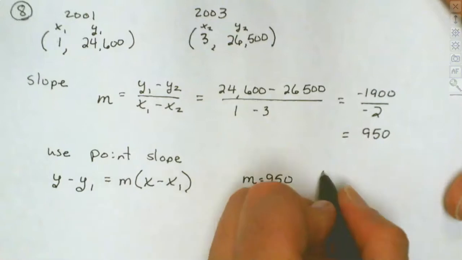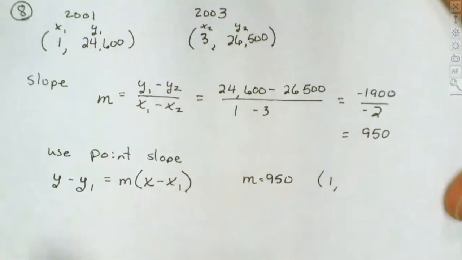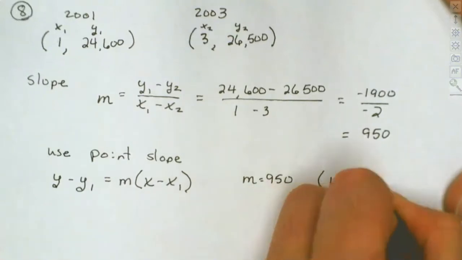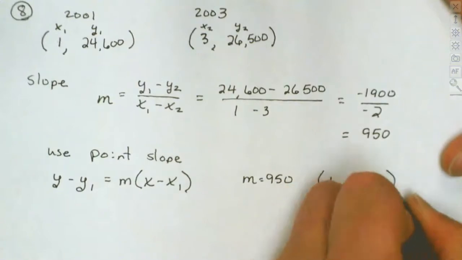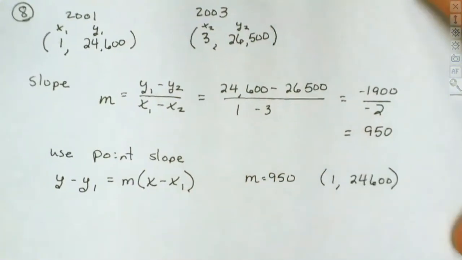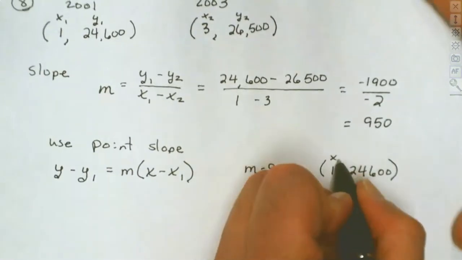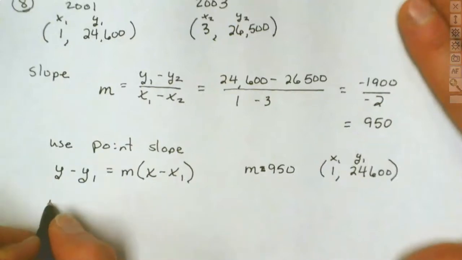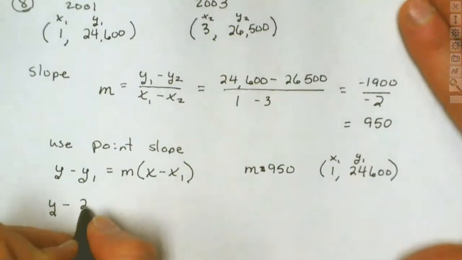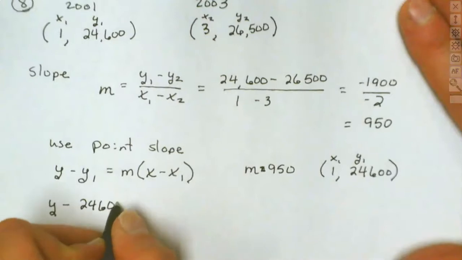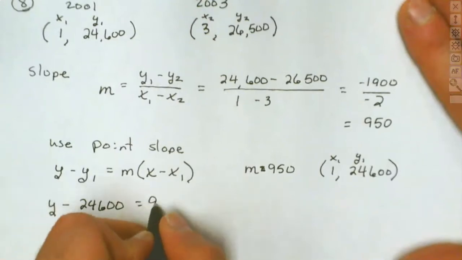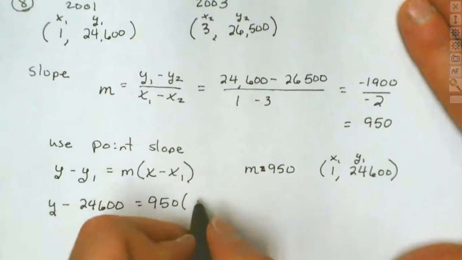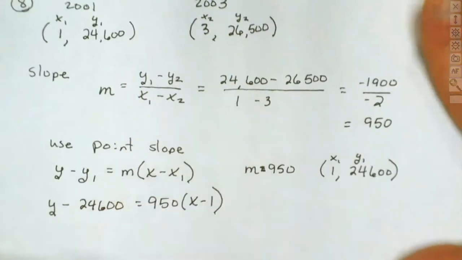And we're going to use that first ordered pair, which is 1, 24,600 for the y component. Remember, this is x1, y1. We did these a while back, but we need to make sure we still remember how they're done. Plug our values in, so that's y minus 24,600 equals 950 times x minus 1.